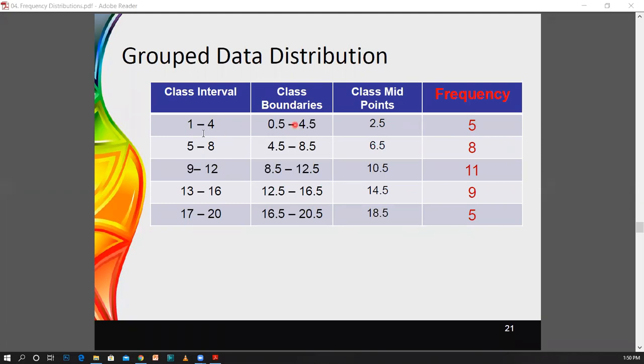Now you can see that for the class intervals, values from 1 to 4 will be here. Or else we can have a very good idea about the first class boundary. The values from these are the actual values that we can include in this class. For this first class, the values from 0.5 to 4.5 we can include in the first class.